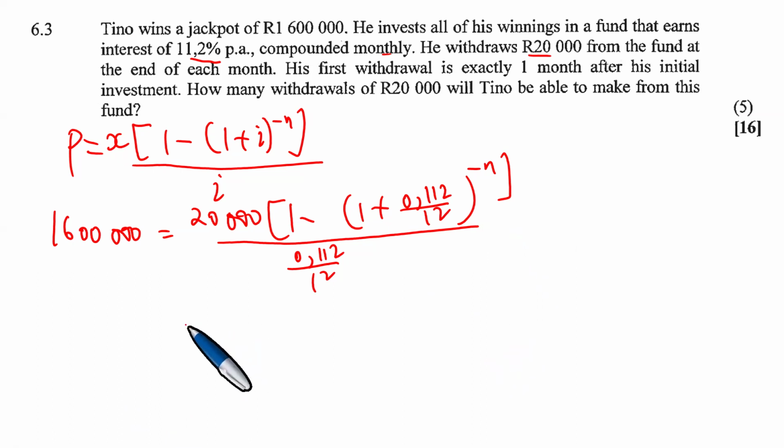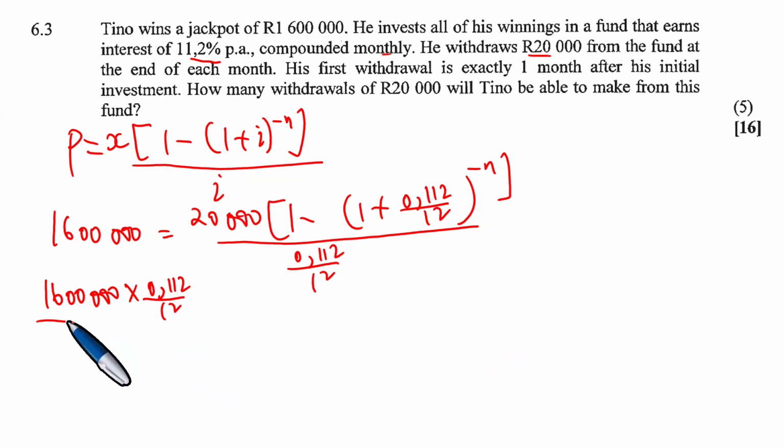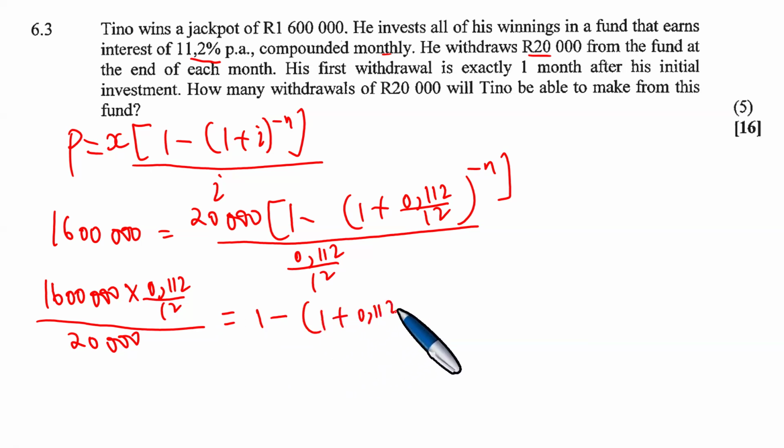And then now when you cross multiply these things, what exactly are you able to get? 1.6 million times 0.112 divided by 12, divided by 20,000, equals 1 minus 1 plus 0.112 divided by 12 to the power minus n.